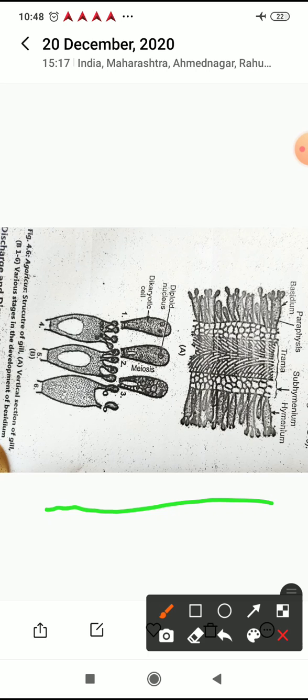That I have told you by sketching the figure how dikaryon is formed. This dikaryotic cell then divides and redivides successively and mitotically to form binucleate mycelium, also called dikaryotic mycelium.